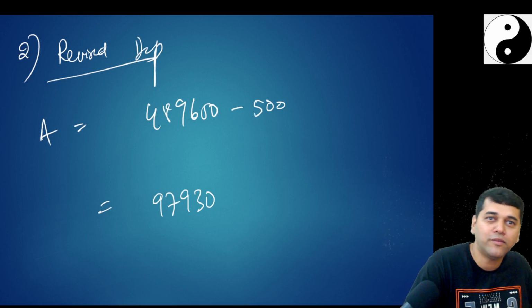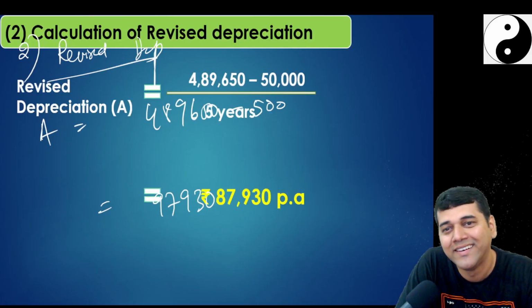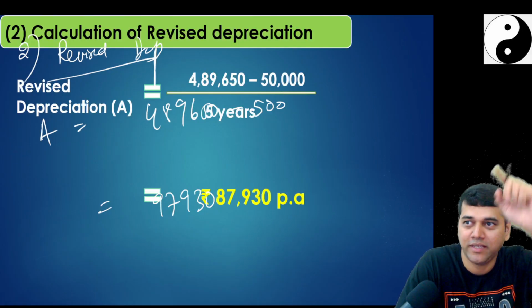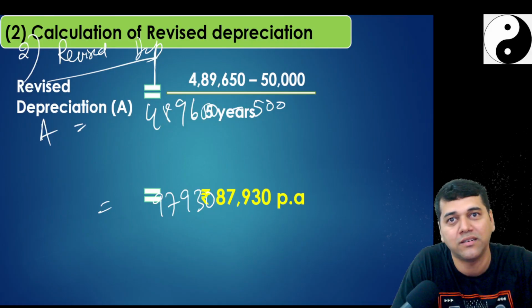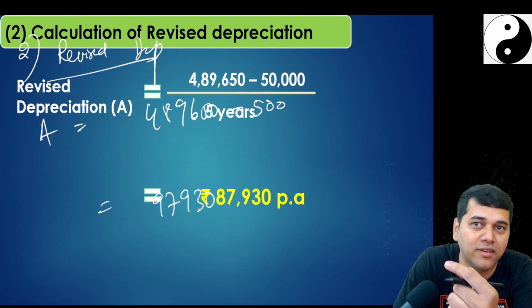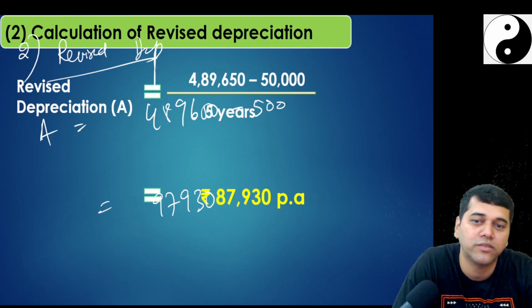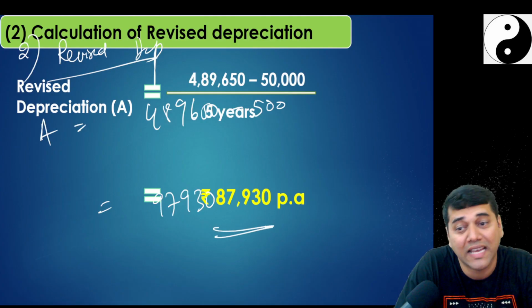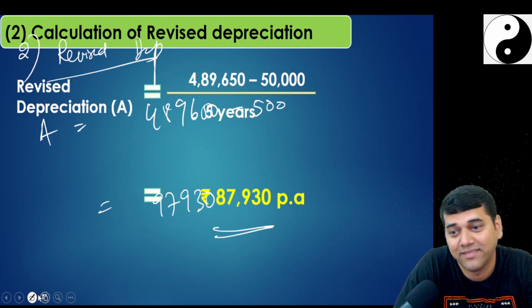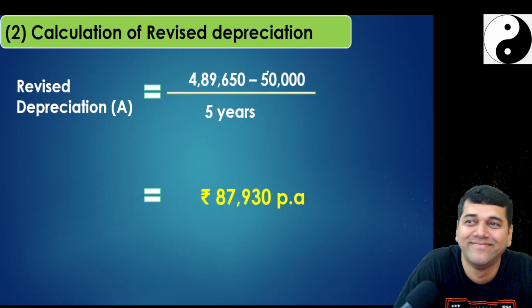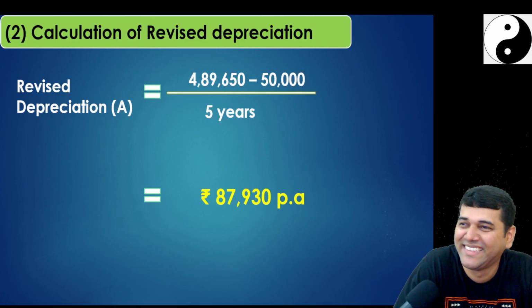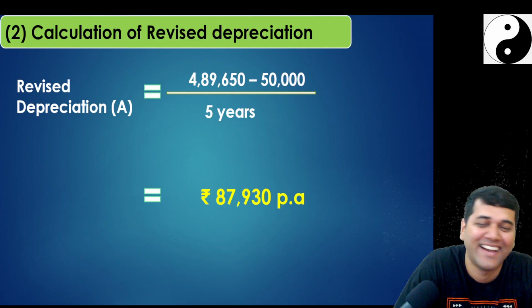Gone. Subsequently everything is gone. See, it has got a cascading effect now. For reversal they will ask you next year. If you miss a small step here, the next thing is gone for a toss. So it is 87,930. Your 50,000 also will get distributed over 5 years. Beautiful, right? I love it.